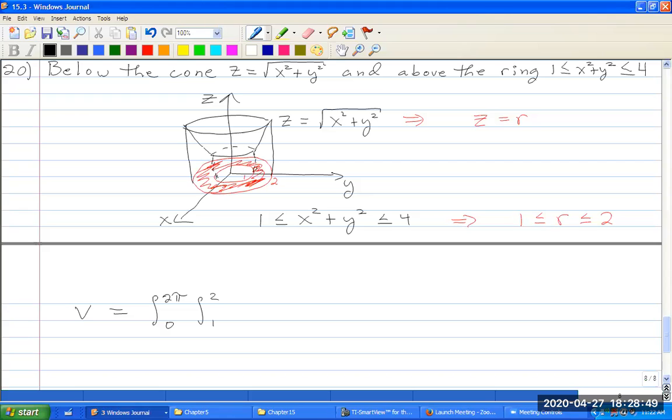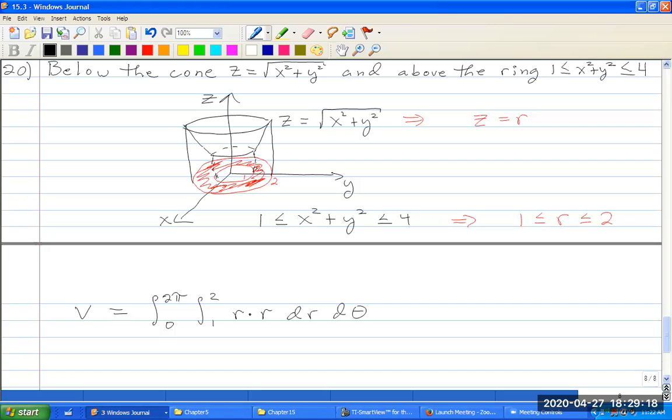And z is r, and then I multiply by r, dr, d theta, because you always multiply by r, dr, d theta.